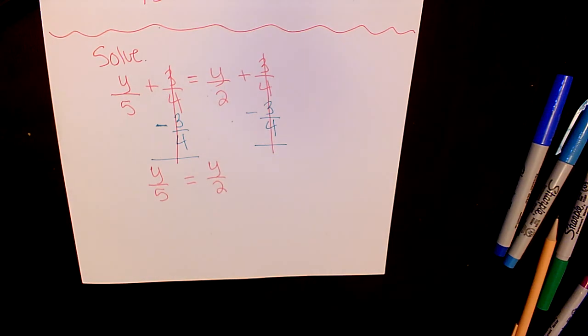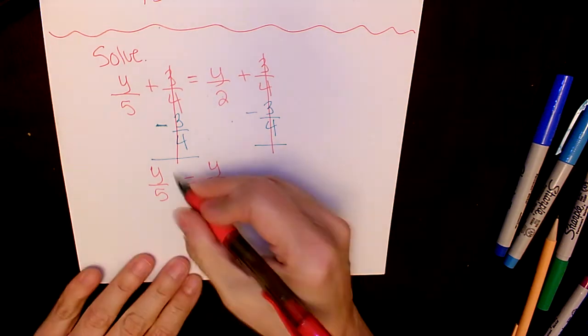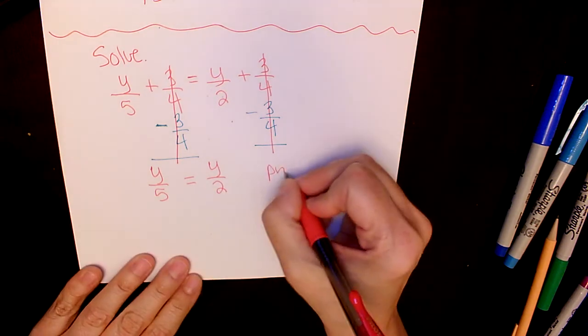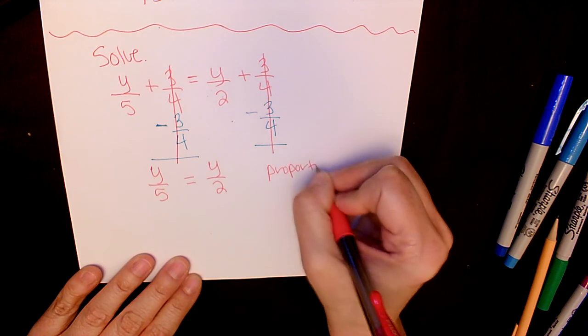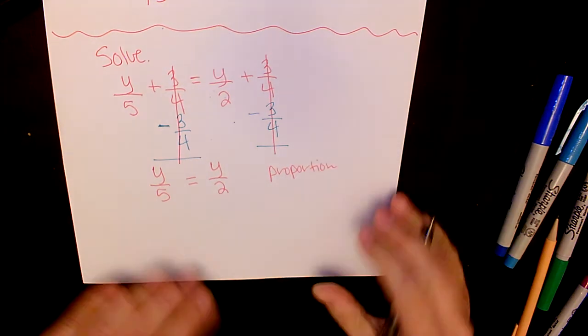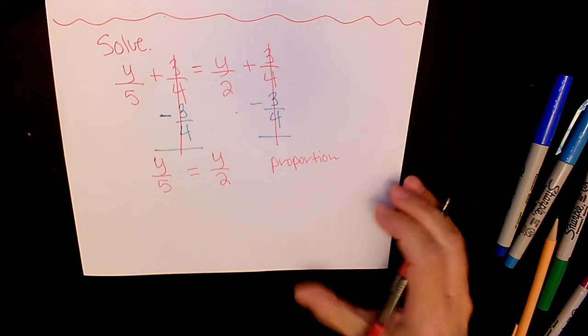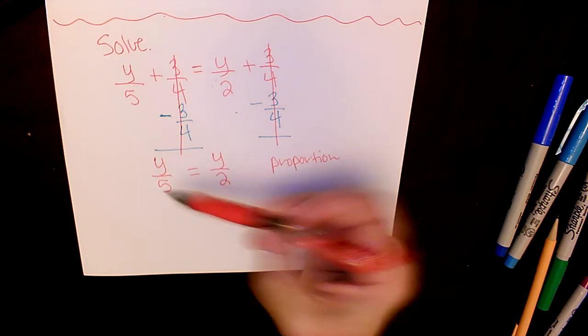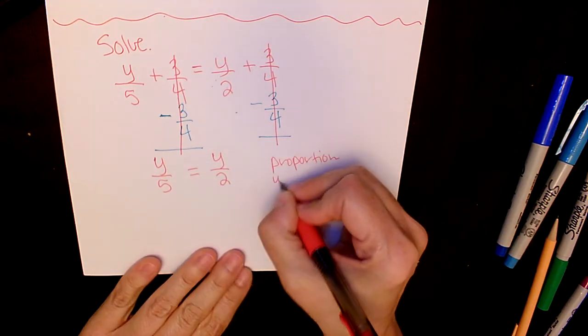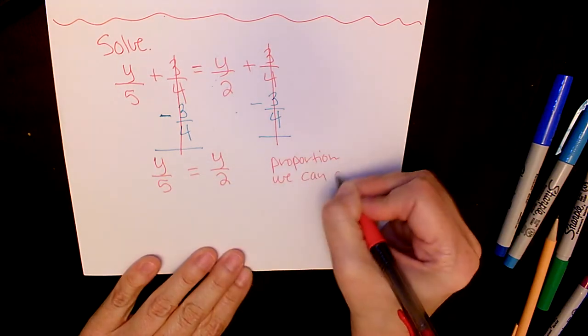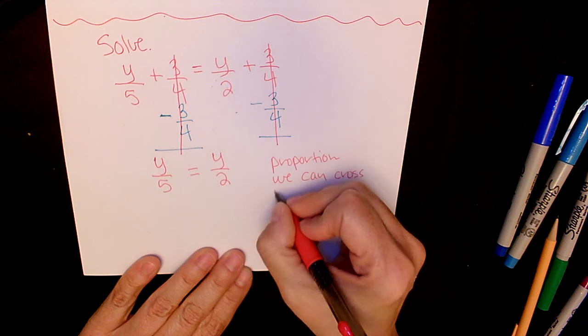Okay, so if you remember from 85, this is a proportion. And whenever we have a proportion, which is two ratios or two fractions equaling to each other, we can cross multiply.